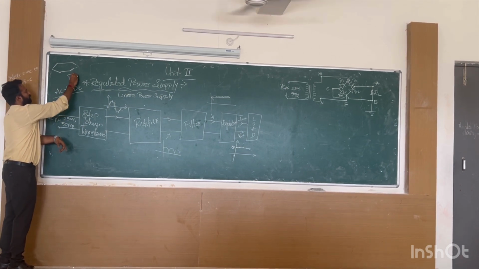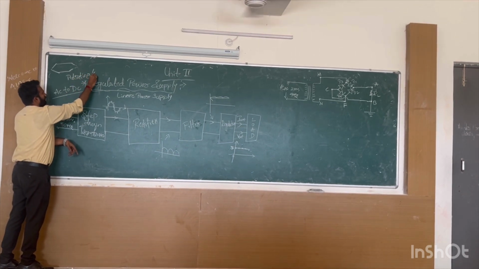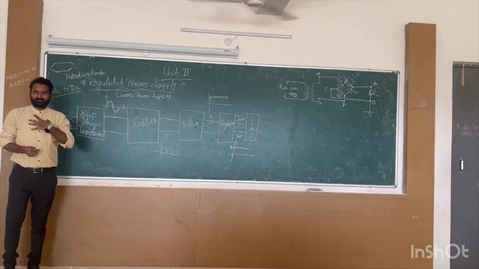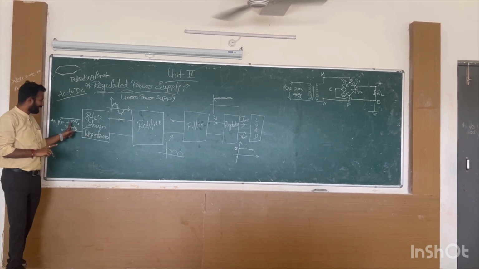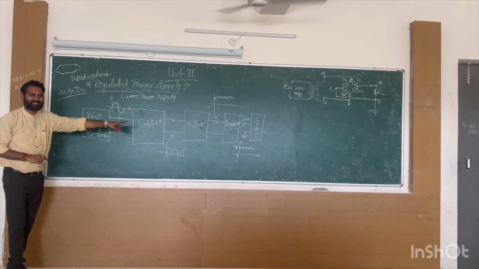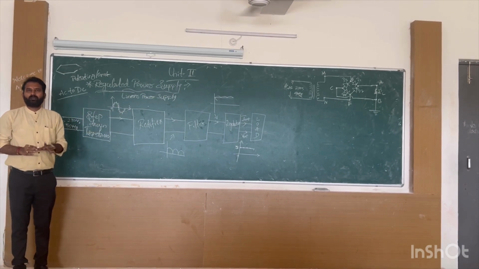I am saying a technical word, pulsating, that is nothing but constant. Our RPS task is conversion of AC to a pulsating or constant DC output. Understandable? This is our task.